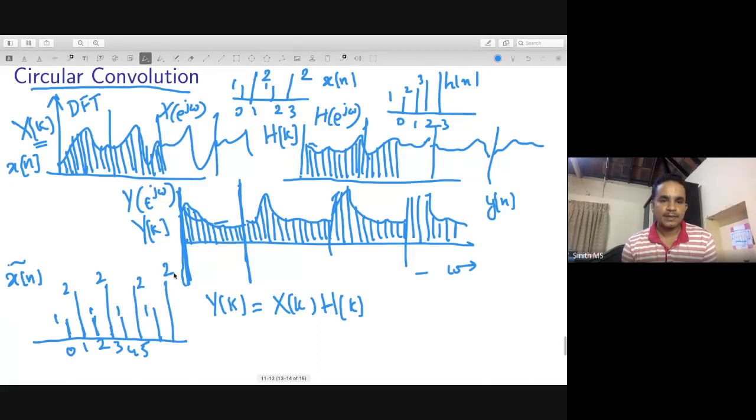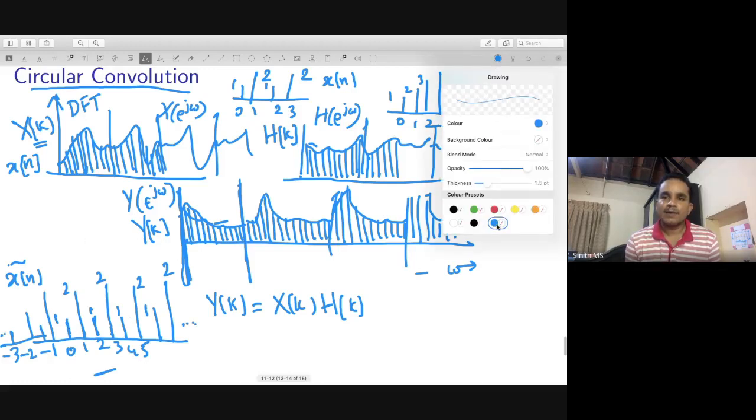The negative region also has minus 1, minus 2, 1, 2, 1, 2, minus 3, like that. This is now your x tilde of n, or the inverse Fourier transform of X of k, or the signal corresponding to X of k in time domain will be this periodic signal, which will be repeating like this.